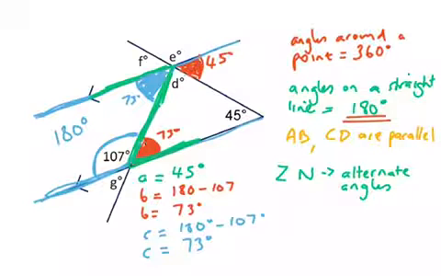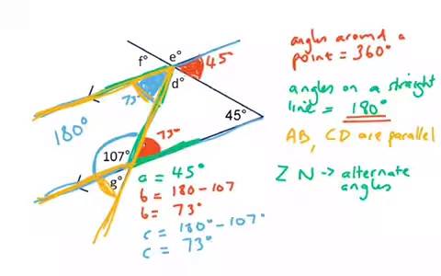Now while we're here, we might as well work out what G is. G is just down here, and how do we know what G is? These again are two parallel lines, but if we carry this on down here, we've actually got a backwards F. That means these two angles, this one here and this one here, are corresponding angles.